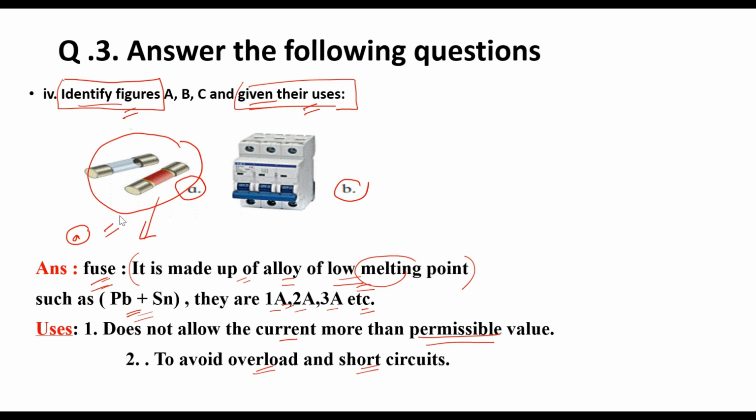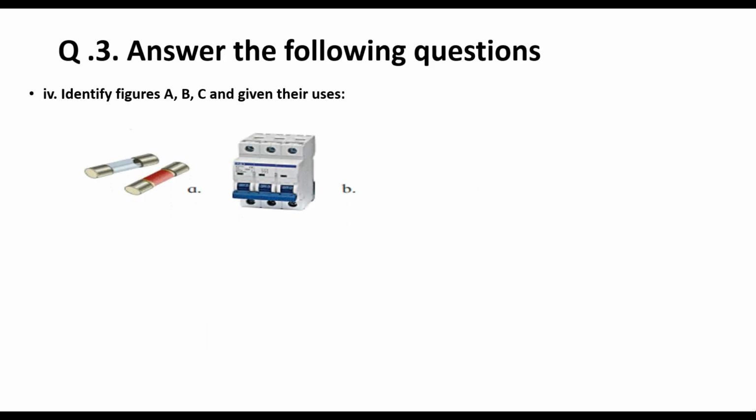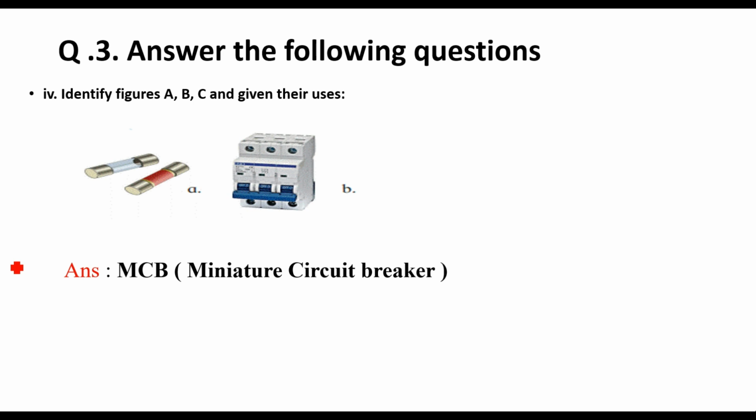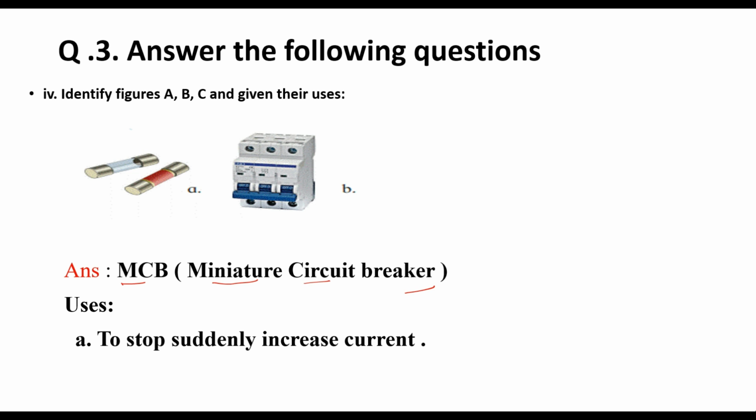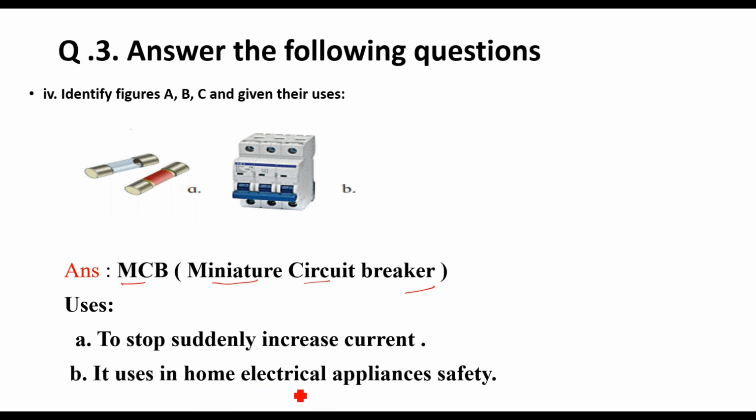Now next move to diagram number B. Diagram number B is an MCB, which we call a miniature circuit breaker. And what is the miniature circuit breaker and what is its use? To stop suddenly increased current, and it is used in home electric appliances for safety.